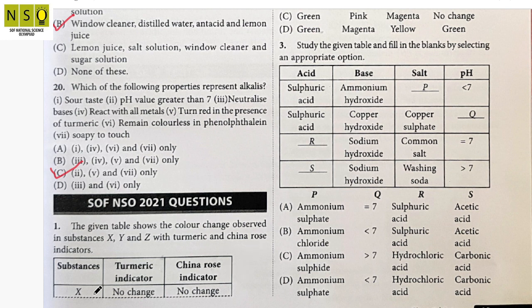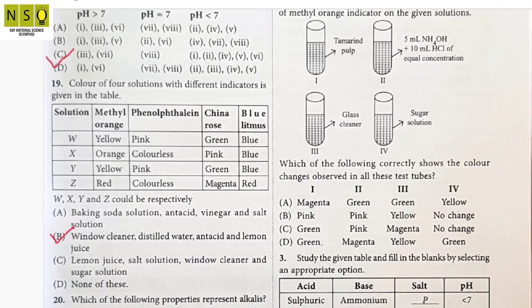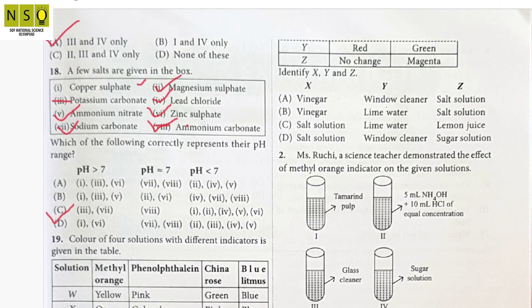When X was mixed with turmeric indicator and China rose indicator, it shows no change. When Y was mixed with the turmeric solution and China rose, it shows red and green. And when Z was mixed with the turmeric, it shows no change, and with China rose solution, it shows magenta color.